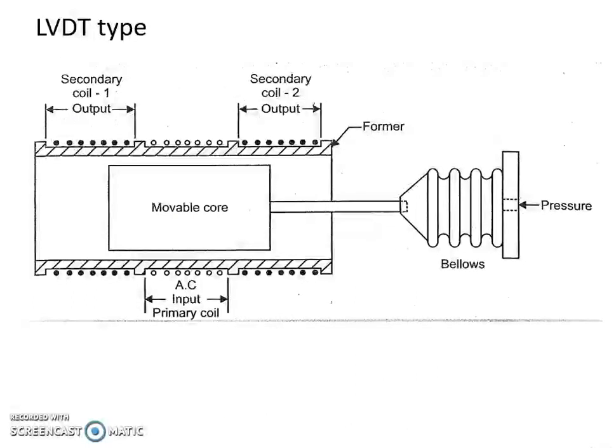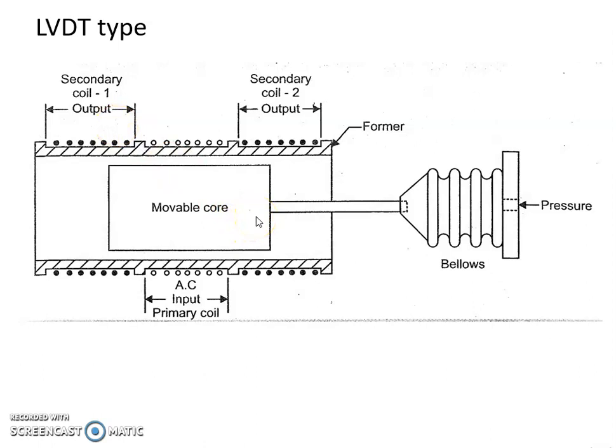Now let us see another type of inductance type pressure transducer, the LVDT type, that is linear variable differential transformer type. In this case there is a movable core around which the windings, the primary winding and also the secondary windings, which are split into two parts, are wound.